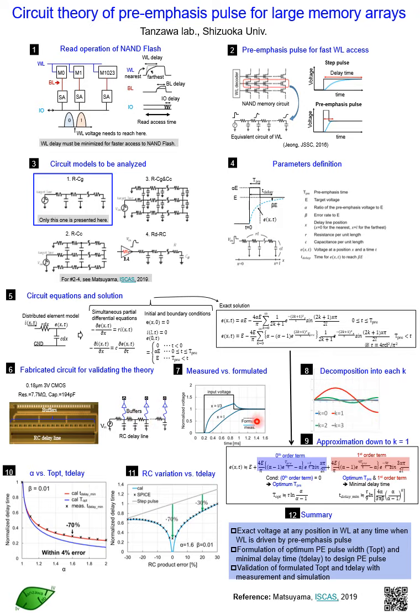Here's one node, the results, time versus voltage. In this example, we apply 1.6 volts at the beginning. After a certain time, which is the optimum pre-emphasis time for this case, we go down to 1 volt.